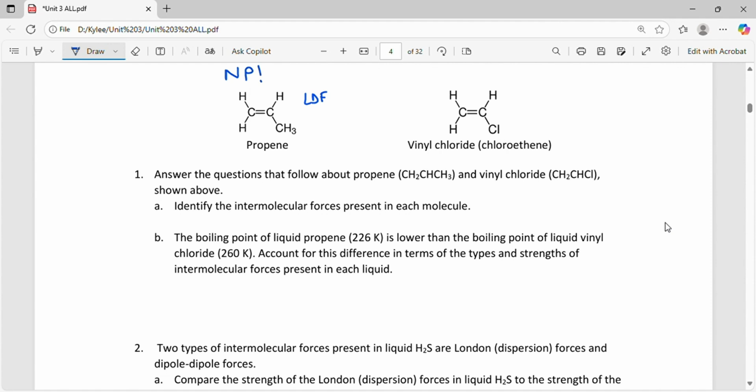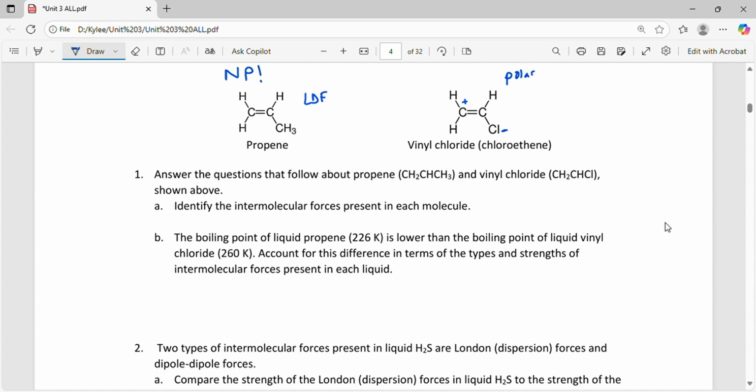When you switch out one of the hydrogens for chlorine, though, we're going to produce something that is polar. And that's because chlorine is more electronegative than carbon is. And so it's going to pull the electrons towards it and create a negative end, which means the rest of the particle will be positive.